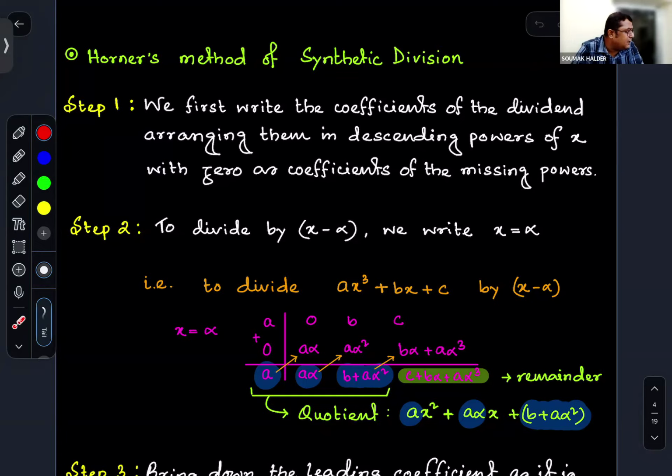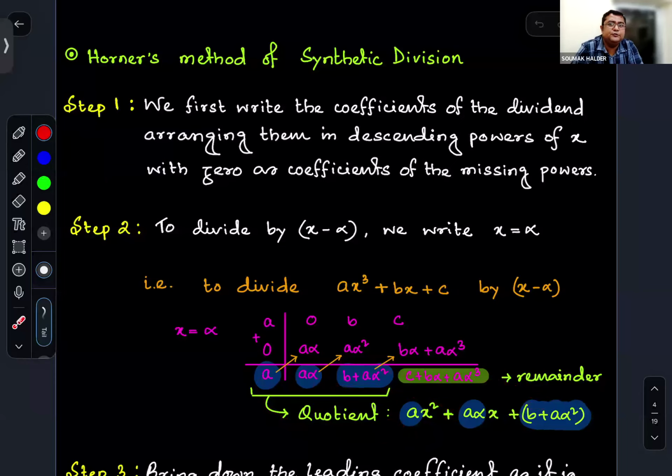Like we were dividing a cubic polynomial, a degree 3 polynomial, with a degree 1 polynomial. So the quotient was supposed to be a degree 2 polynomial, which can have at most 3 terms. So the 3 column results, left to right, are respectively the coefficients for the square term, the degree 1 term, and the constant term. Clear?